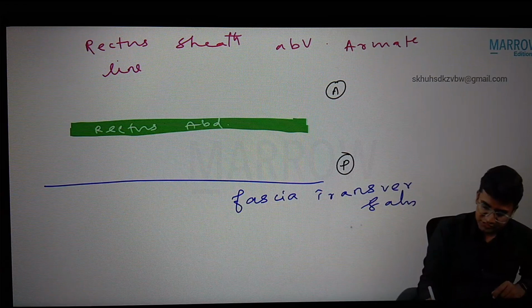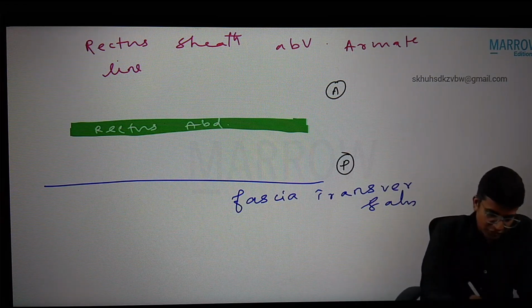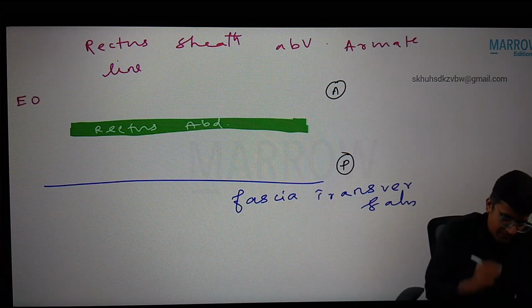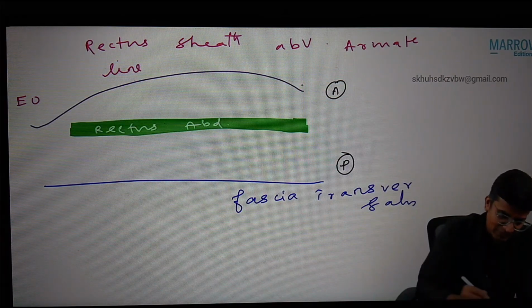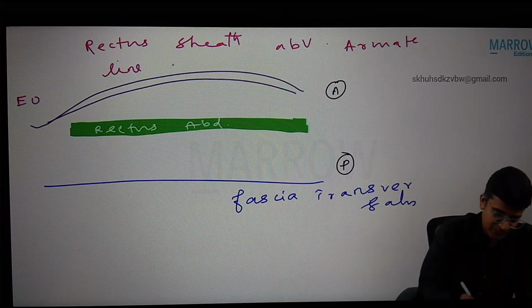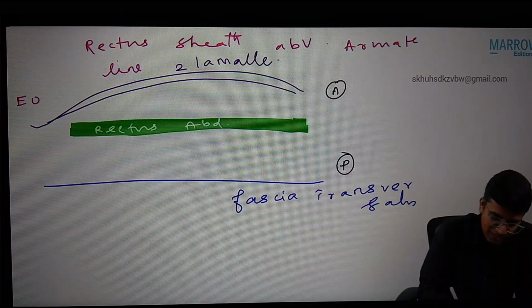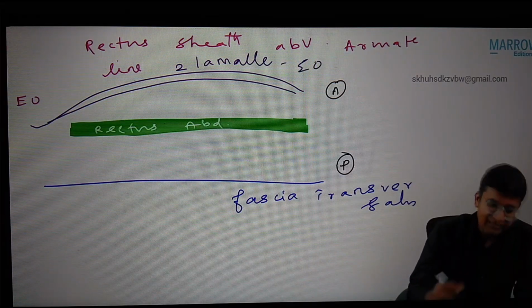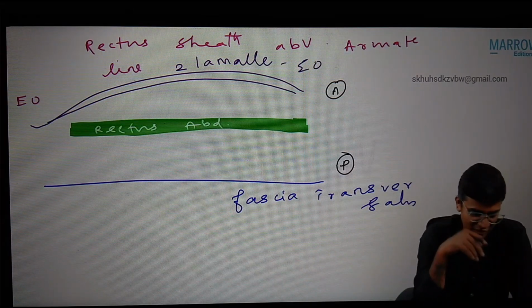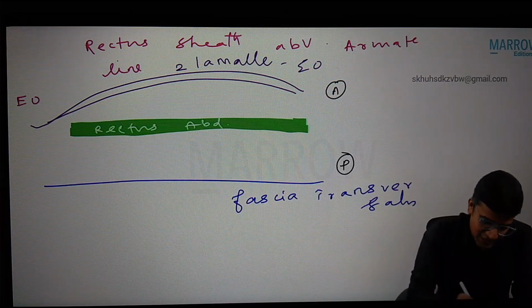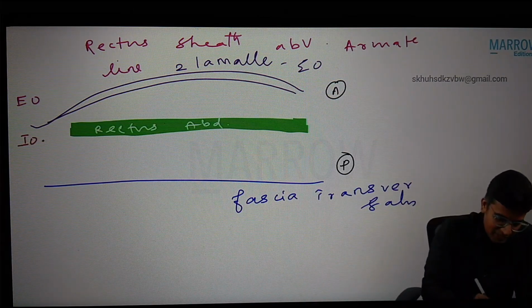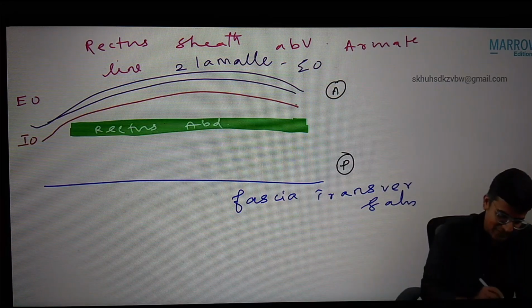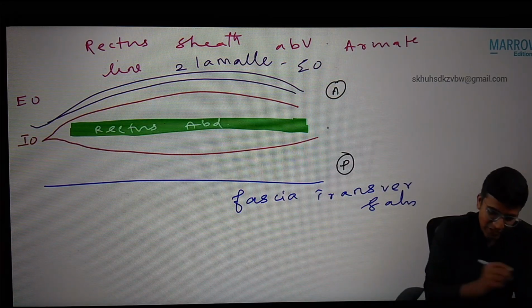Right. Now we're going to draw the lamellae. First, the external oblique muscle. The two lamellae of the external oblique pass in the front side, an anterior contribution. Next, the internal oblique muscle: the anterior lamella passes in the front side and the posterior lamella goes to the back side.